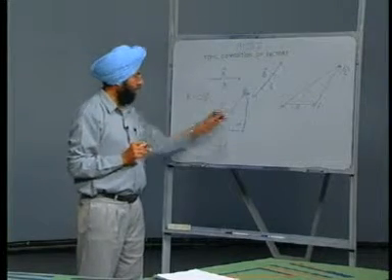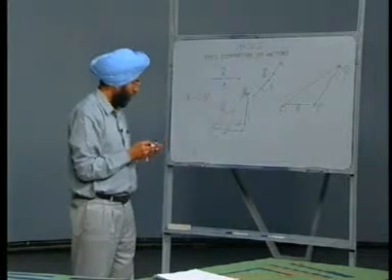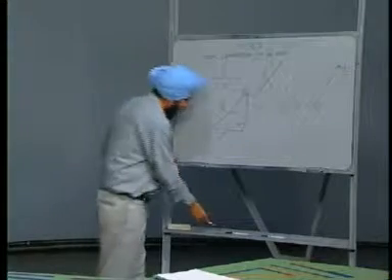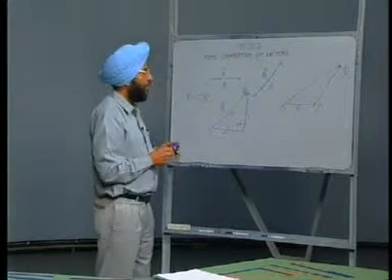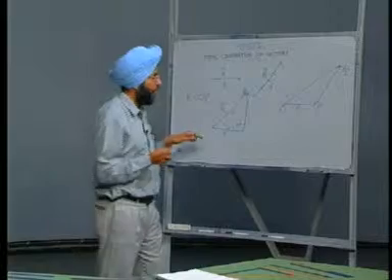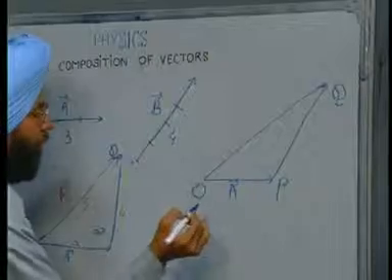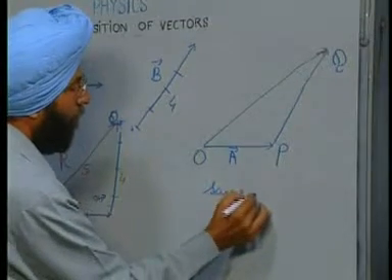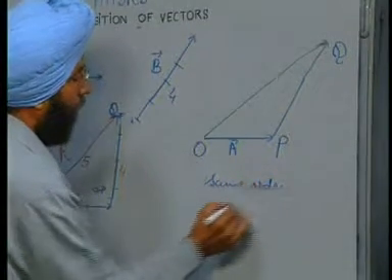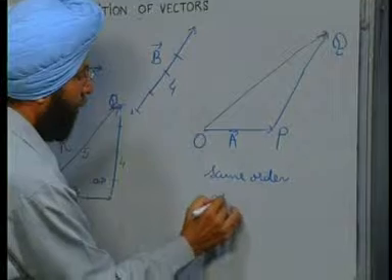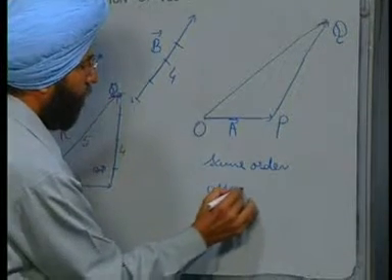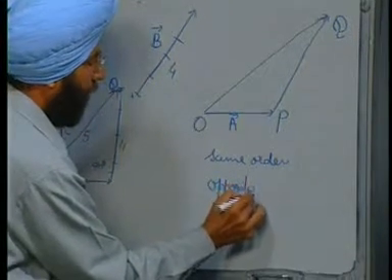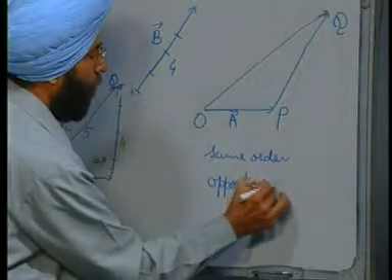Now, if we generalize these two results, we must first know what we will be using certain words, same order and opposite order in the generalization. Let us be clear about these words.